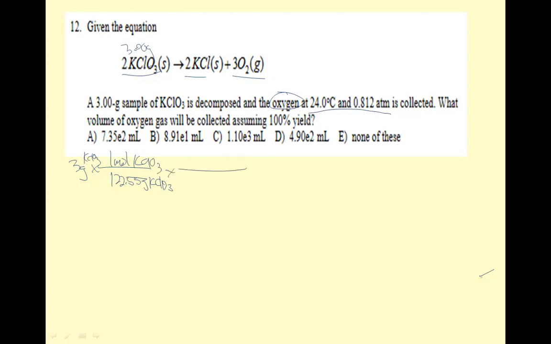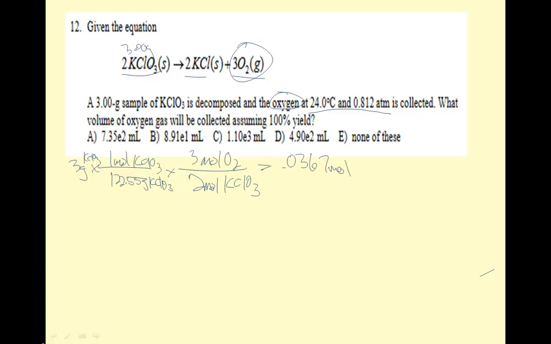But my handwriting's getting worse. And I'm turning it into oxygen: 2 moles of KClO3 gives 3 moles of O2. And then I'll stop there. So 3 grams divided by 122.55, times 3 divided by 2 is 0.0367 moles.